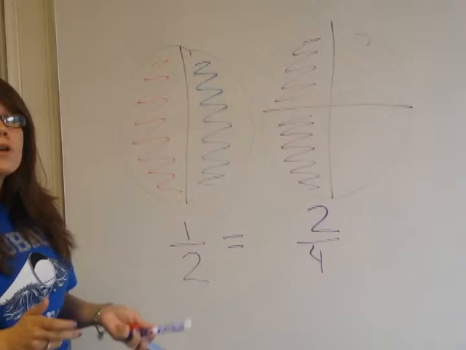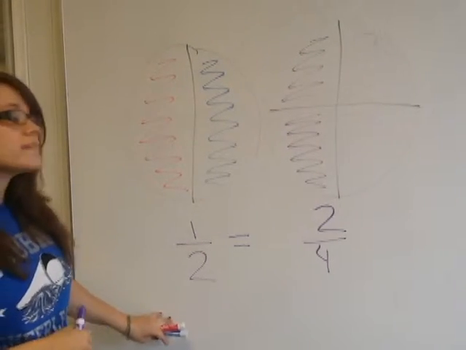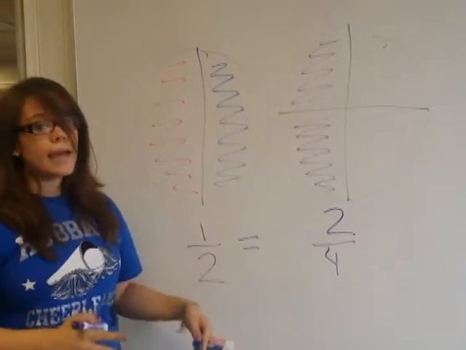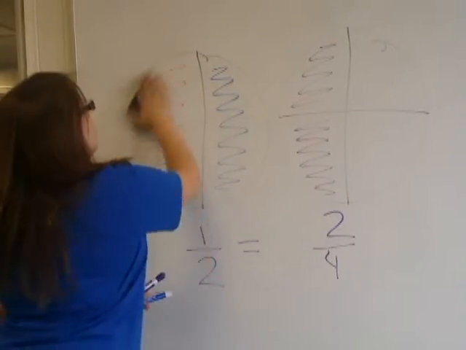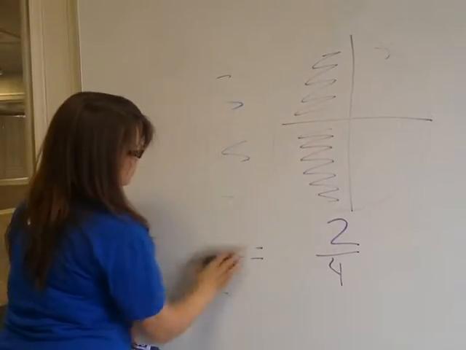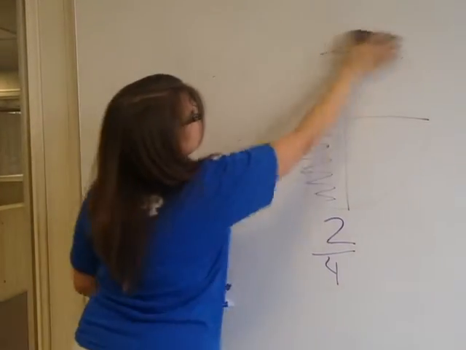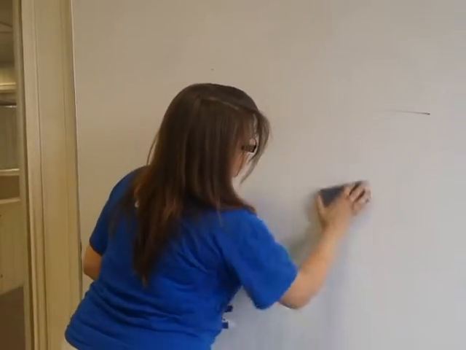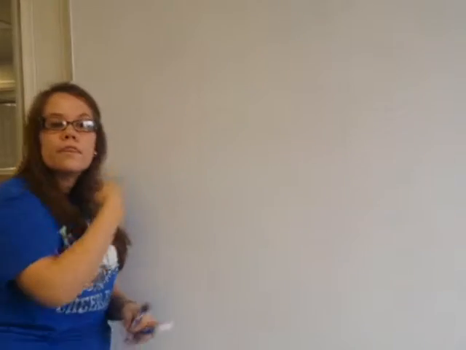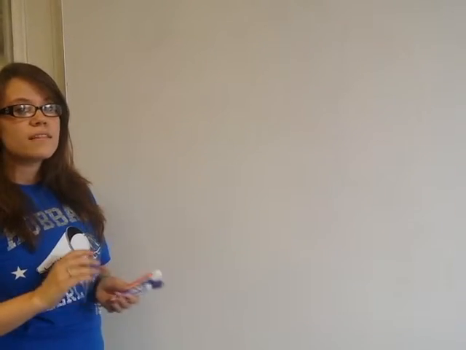Now, how do we know that 2/4 is actually equal to 1/2? You would see that both your numerator and your denominator are multiplied by the same number in order to get that second fraction.